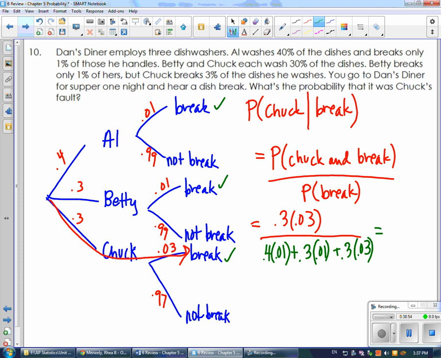And if you simplify that fraction, make sure if you're going to do this in one step that you put parentheses around your numerator and denominator. And it should end up being 0.5625. So if you hear a dish break, there's an over 56% chance that it was Chuck's fault.